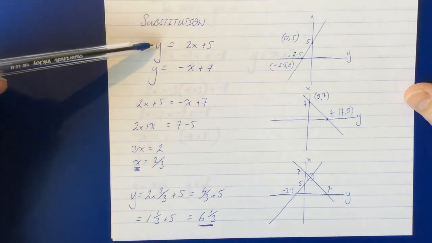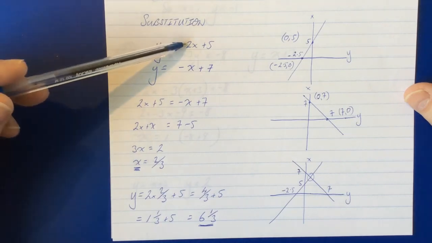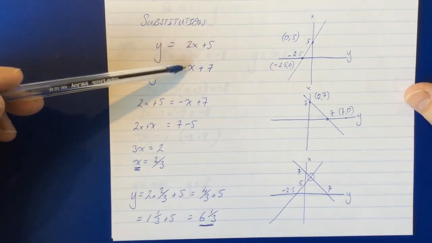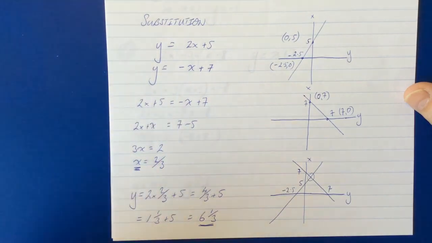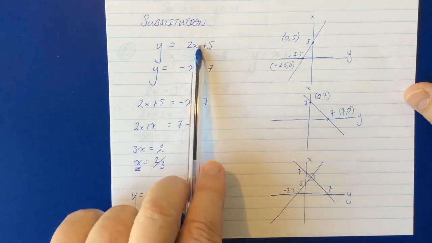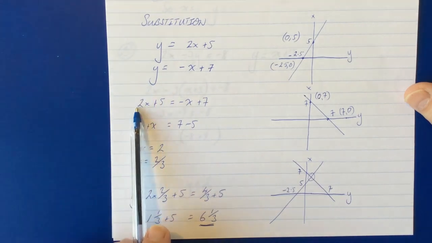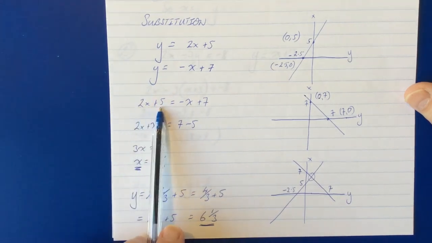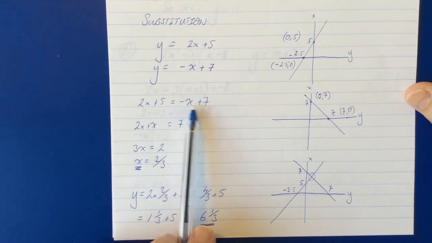Well, basically we have to assume that y is equal to y, and therefore this at some point is equal to this, although that may not always be the case, and we get into that in another video. But anyway, what we do is we take this and we substitute this for y. So instead of y being here, we have 2x plus 5, and we make that equal negative x plus 7.